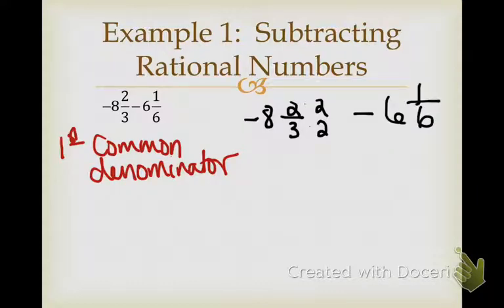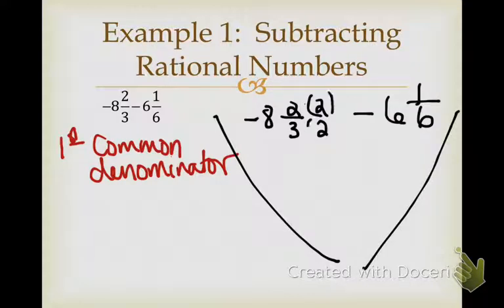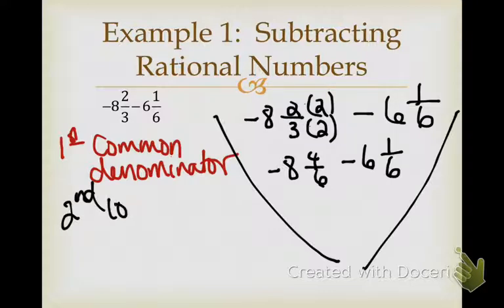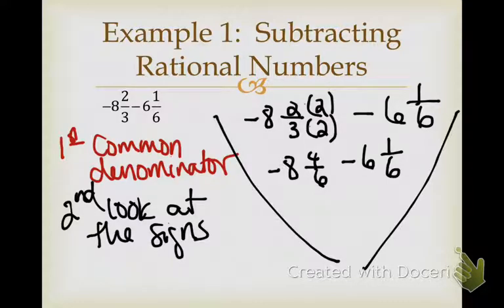Notice I'm showing my work working down into my upside down triangle. So I'm going to multiply those. So I get -8 and 4/6 minus 6 and 1/6. My signs are the same. So second, I'm going to look at the signs. Here my signs are the same, so I'm going to get the sum.